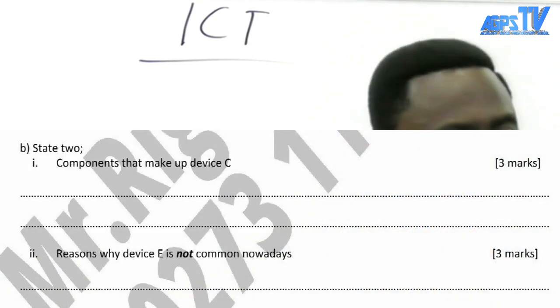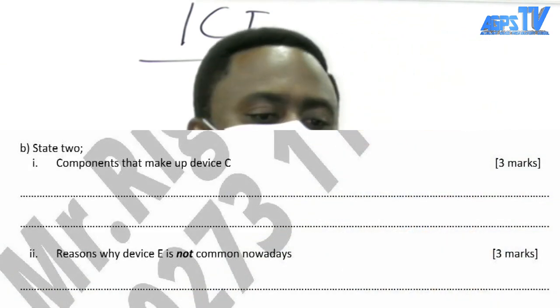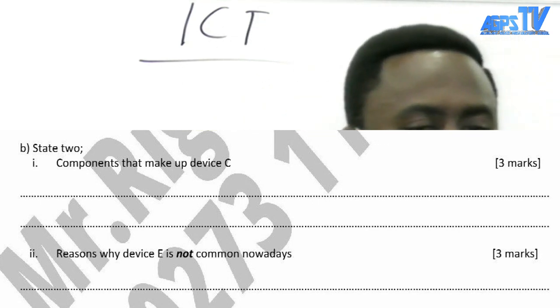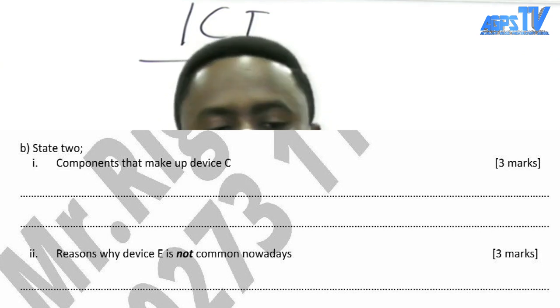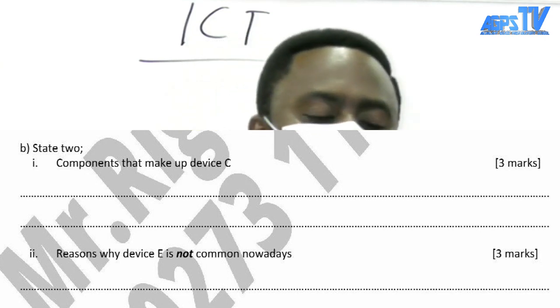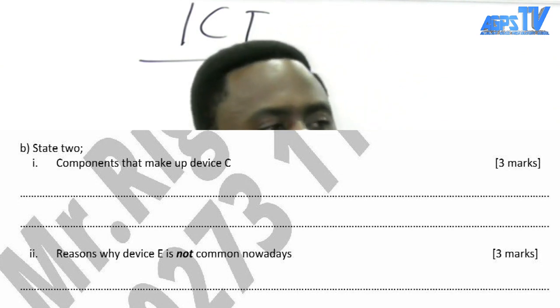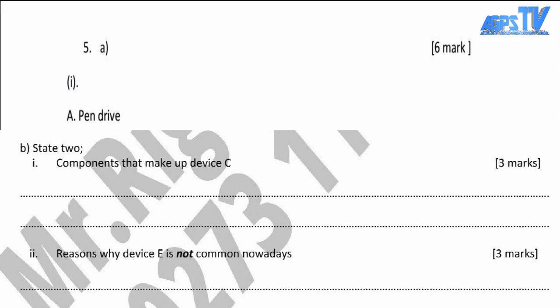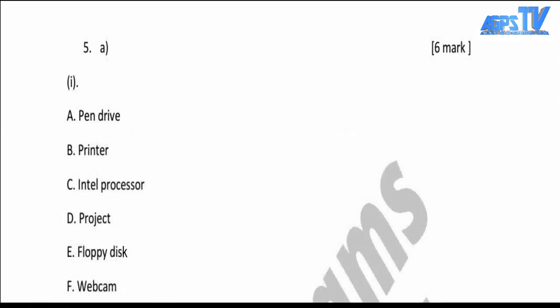Good. Then the B states two components that make up device C. Now let's look at device C. Device C is an Intel processor.